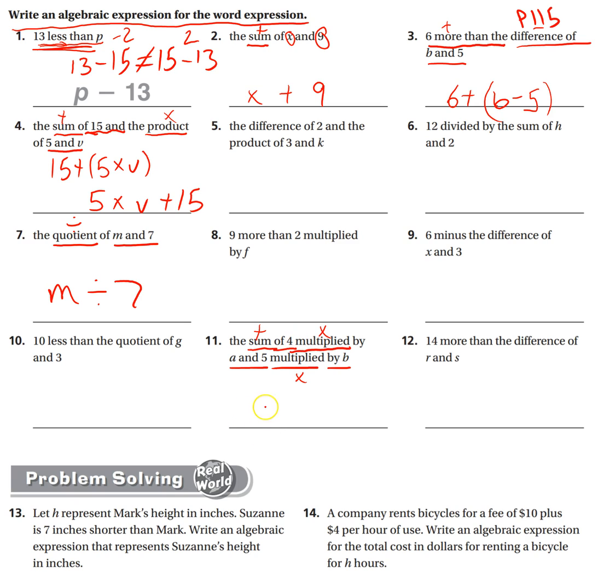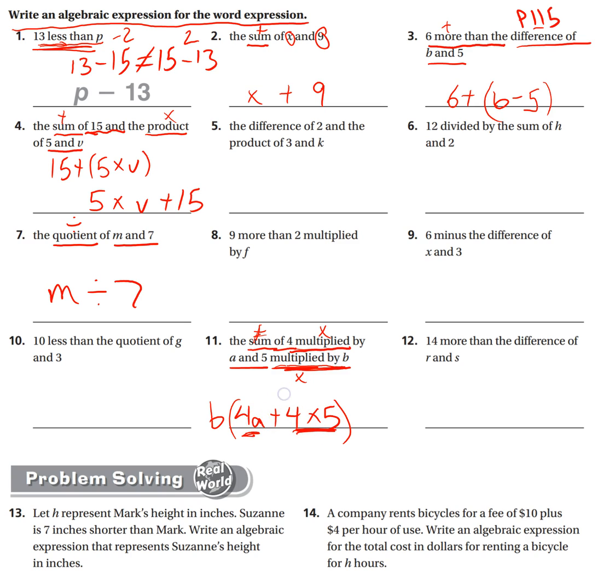Okay, so I'm going to do 4 multiplied by A, which would be 4A, and the sum of plus 4 multiplied by 5, and then I want all of that multiplied by B. So this is the sum of 4 multiplied by A, plus 4 multiplied by 5, and then I want to multiply all of that by B. So the distributive property would make B multiplied by everything inside here.